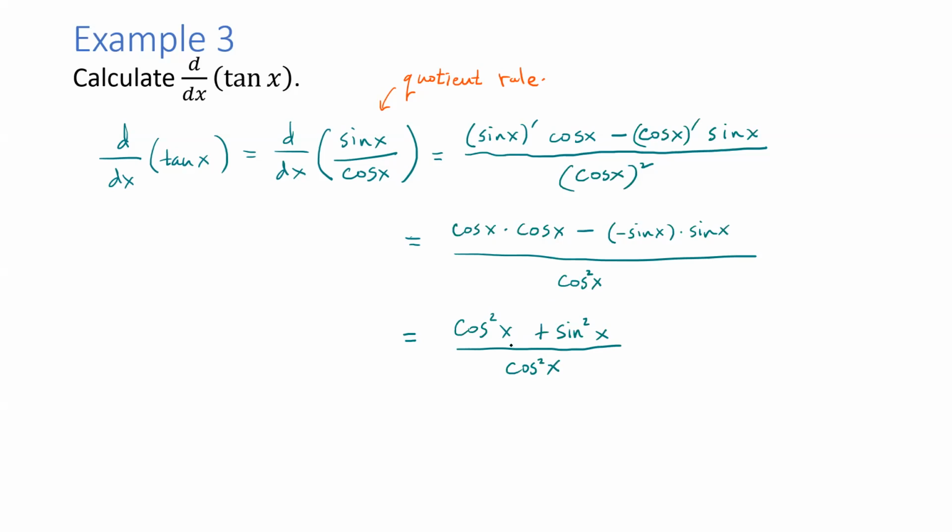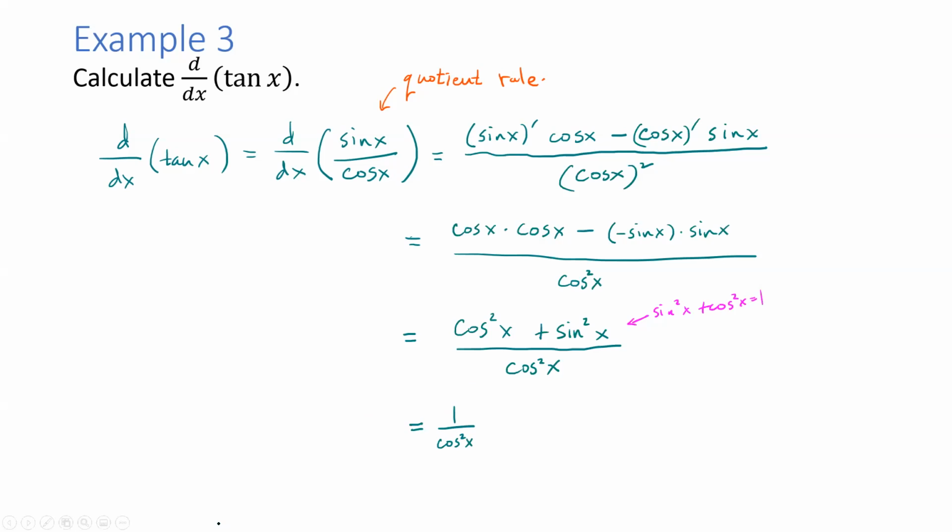And well, does anything pop out to you guys? Do you guys see any way of simplifying this? The top will simplify to 1. Very good. Yeah, we know that sine squared plus cosine squared equals 1, right? So let's just write this as 1 over cosine squared.